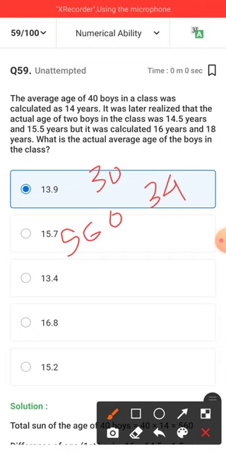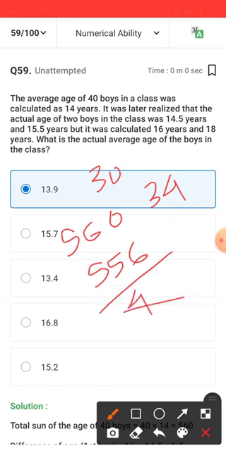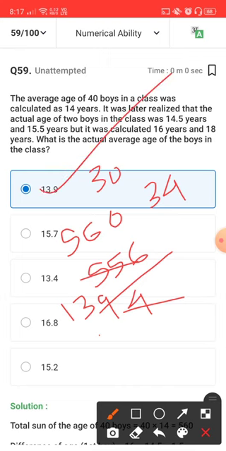So there is a difference of 5. We have to reduce 5 from 560, so 555. Then 40 boys are in the class. When we divide, we get 13.9, which is the answer.